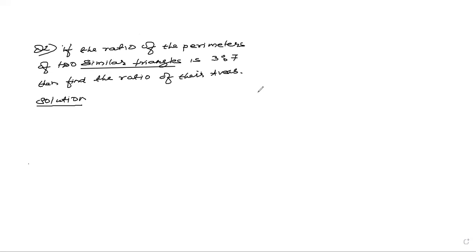You can see here, children, again I repeat, the theorem in our book is that the ratio of the areas of two similar triangles is equal to the ratio of the square of the corresponding sides.